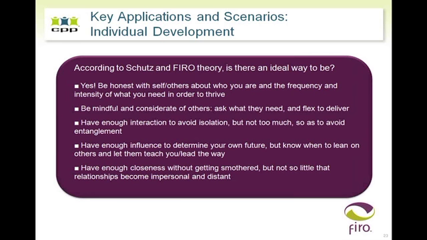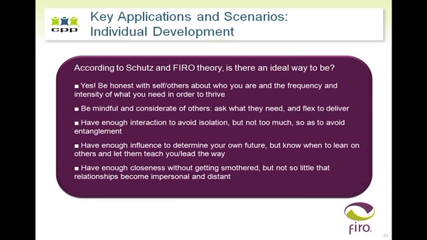So, as he would say, for those folks with high expressed influence, they need to let others lead occasionally. And the final bullet is about that affection and connection area. Have enough closeness without getting smothered, but not so little closeness that your relationships are impersonal and distant. So you can see Schutz's message about FIRO is it's all about balance.